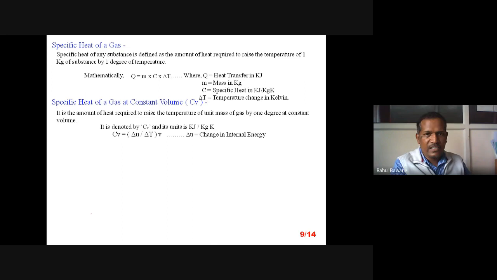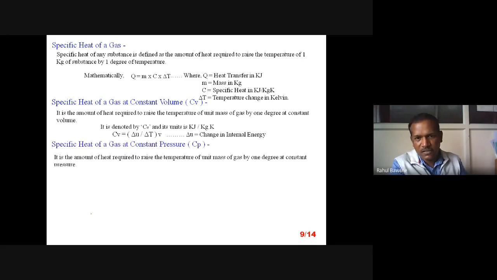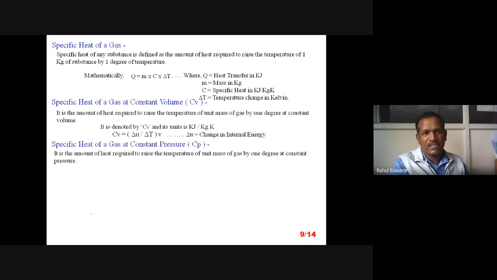Now this heat can be calculated as m times specific heat multiplied by delta T. But there are processes, sometimes constant volume and sometimes constant pressure. So these specific heats are defined on the basis of constant volume, called Cv, and on the basis of constant pressure, known as Cp.